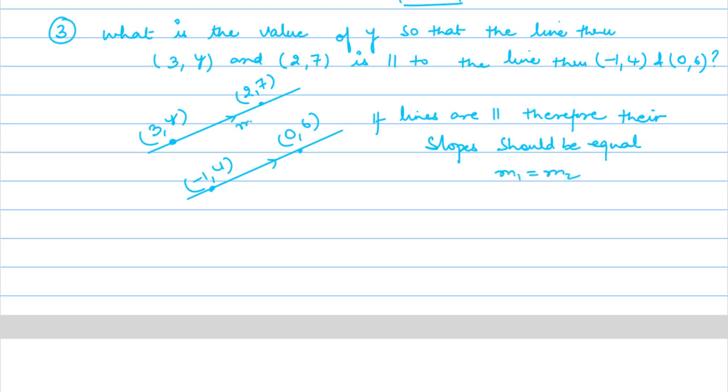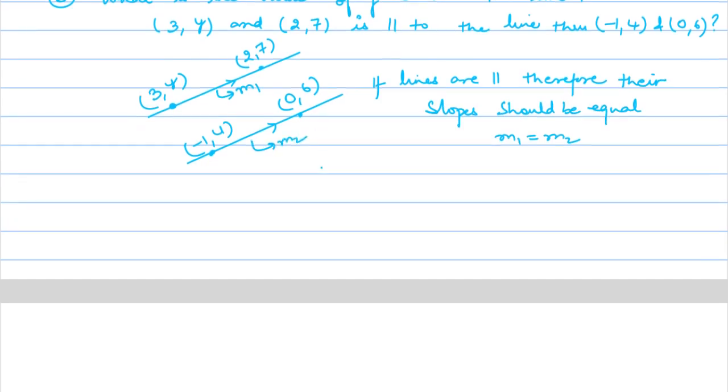Let's say m1 is the slope of this line and m2 is the slope of this line. And we already know how to find the slope of a line which passes through 2 points. So, m1 would be y2 minus y1 upon x2 minus x1. This is (x1, y1). And let's say this is (x2, y2). Apply the formula: 7 minus y upon 2 minus 3.